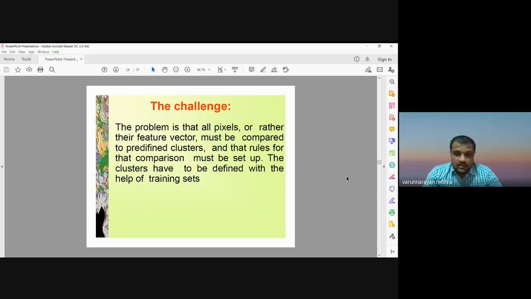Some of the problems in supervised classification are that all the pixels, or their feature vectors, must be compared to predefined clusters, and thus the rules for that comparison must be set up. The clusters have to be defined with the help of the training sets.